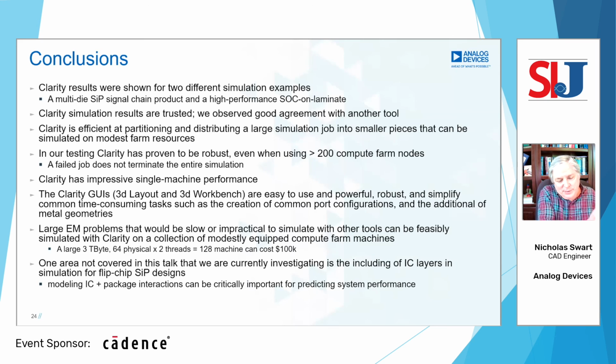I drew some simple ideal ground planes that you saw on those die earlier, but we're now looking at actually including top-level IC metal in the simulations, which can be very important when there are IC package interactions and you're trying to model system performance from the IC all the way out to the boundaries of the system.